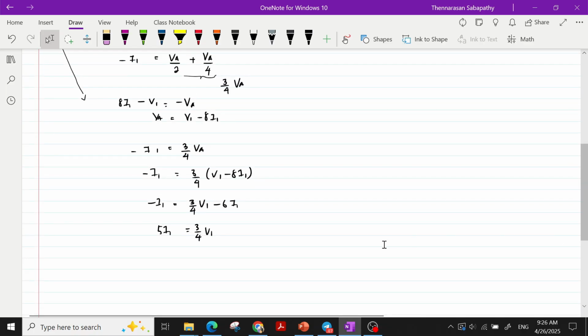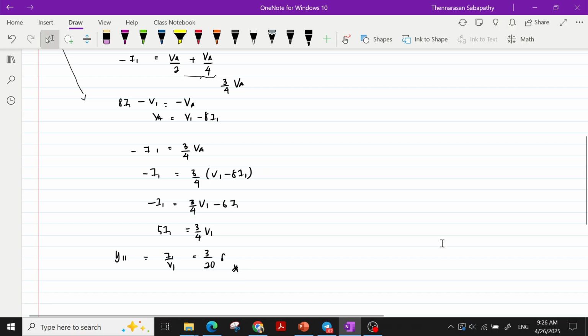Then I1 over V1, I bring the V here and I bring the 5 here. It becomes 3 over 20, and the unit is actually S. So y11, we already get the y11.